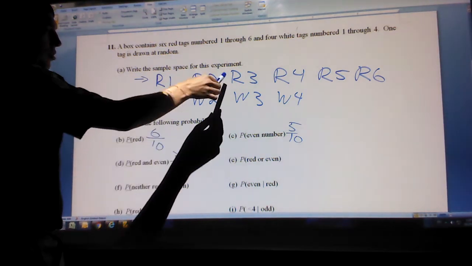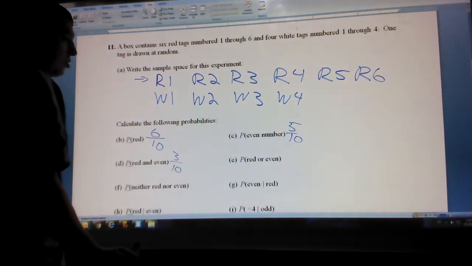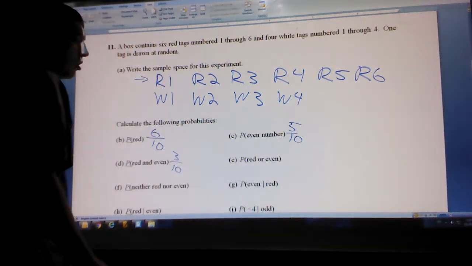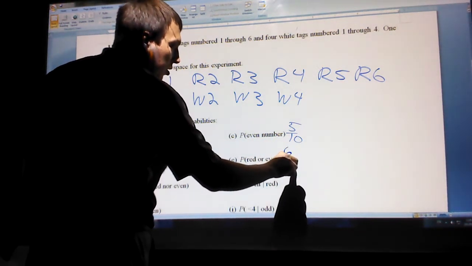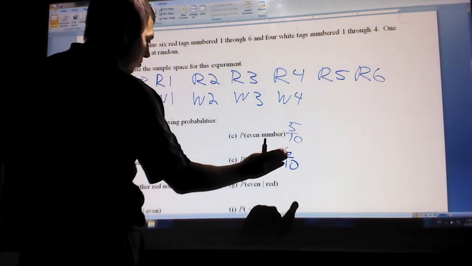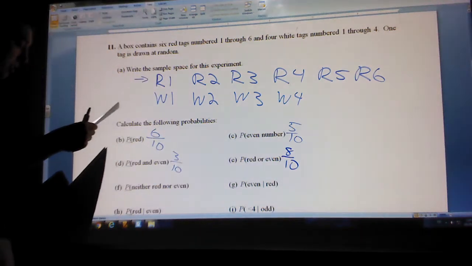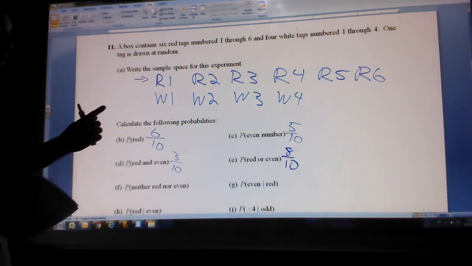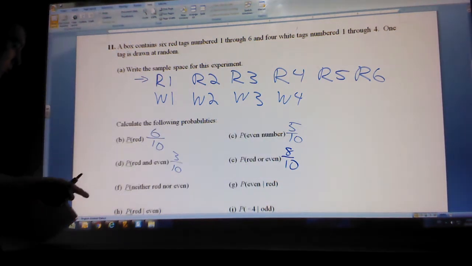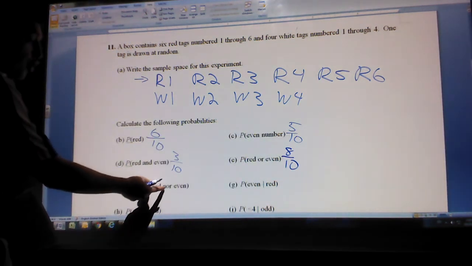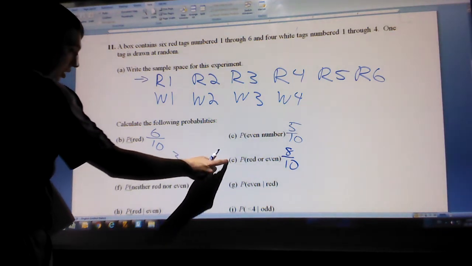So there's 1, 2, 3, 4, 5, 6 red, and then I'm going to add white 2, white 4, so that's 8, sorry. 8 out of 10. The only ones that are not red or even are white 1 and white 3. Neither red nor even. So that is actually the opposite of E.